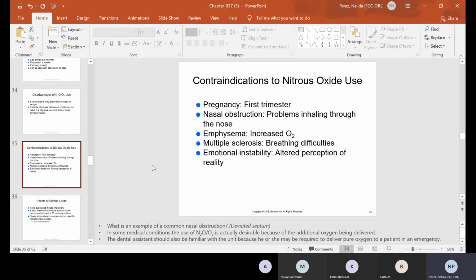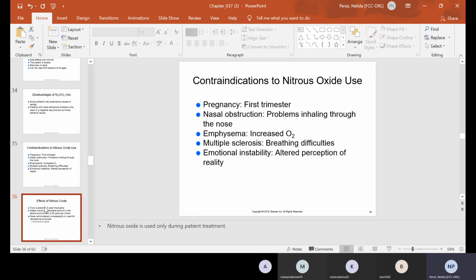Now, the contraindications, the people that cannot use it: pregnancy in the first trimester, anybody that's got any nasal obstruction, so those are problems inhaling through the nose, anybody that has emphysema, multiple sclerosis, or emotional instability. So we would not use it on any of those people.